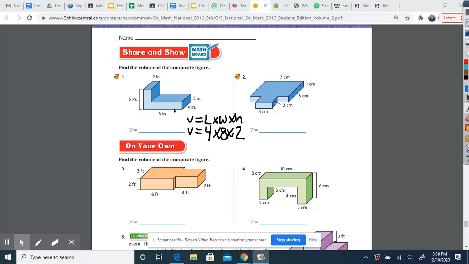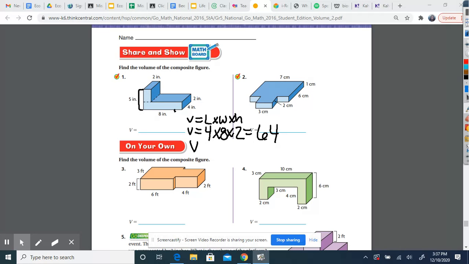So I'm going to go ahead and solve this. 8 times 4, 8, 16, 24, 32. 32 times 2 equals 64. So now I need to find the volume of the one on top of it. Just like our first problem that we did, we have a combined height of 5 inches.